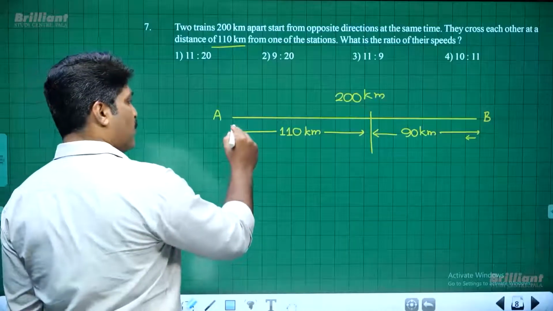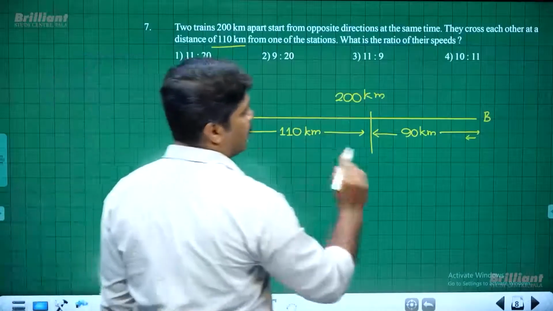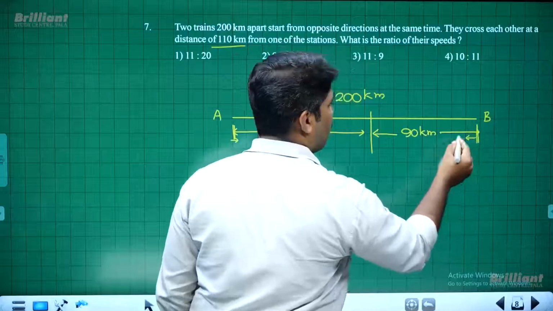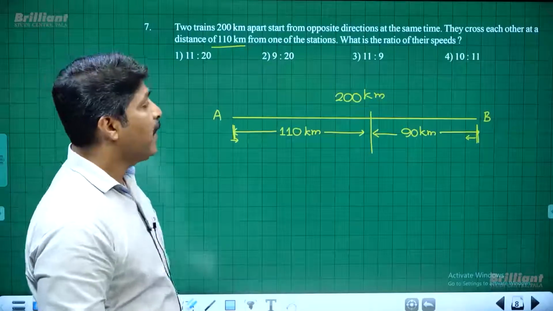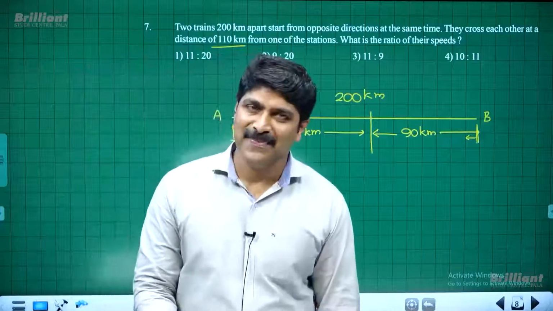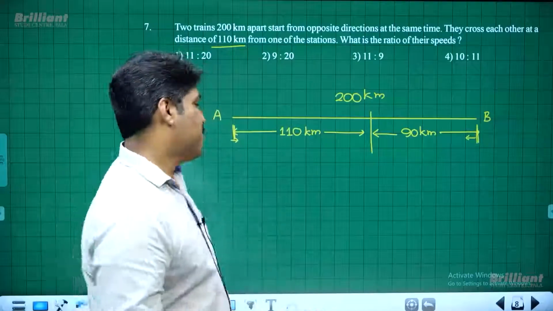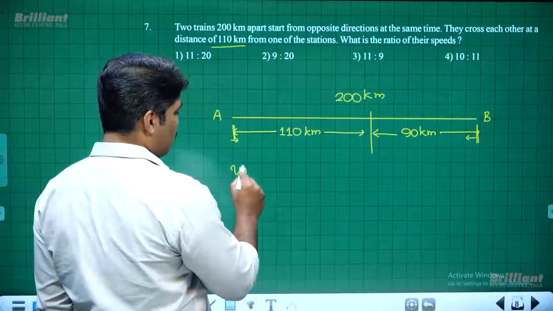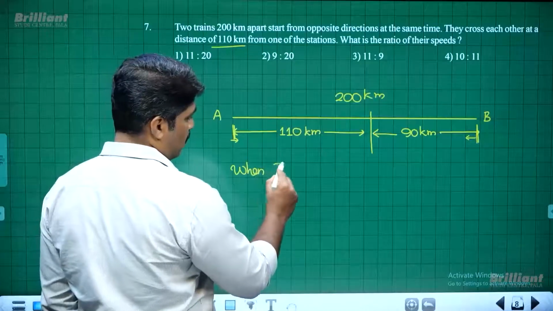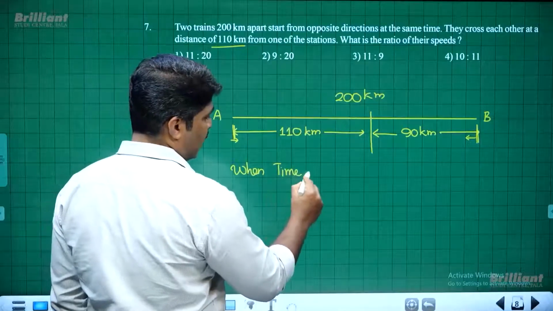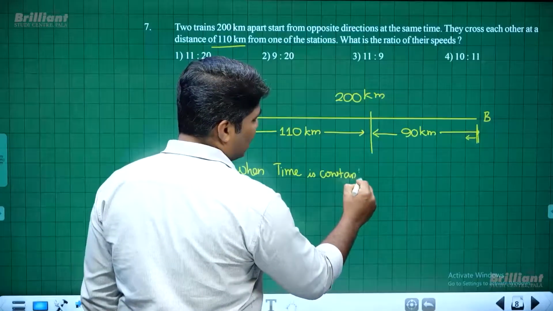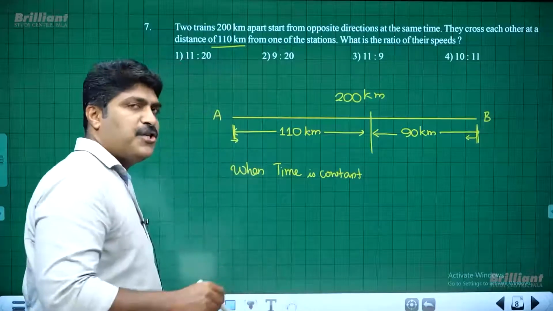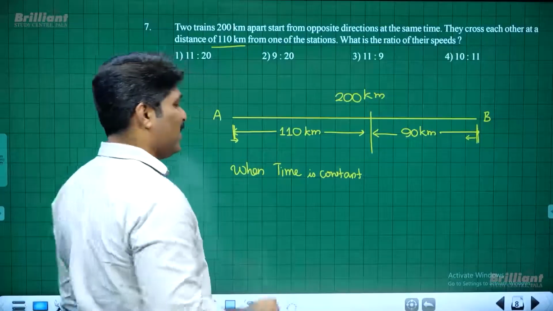So they met at this particular point. One started from here and reached here, the other started from here and reached here, in a constant time. Understand? Here time is constant. When time is constant, what is the relationship between speed and distances?